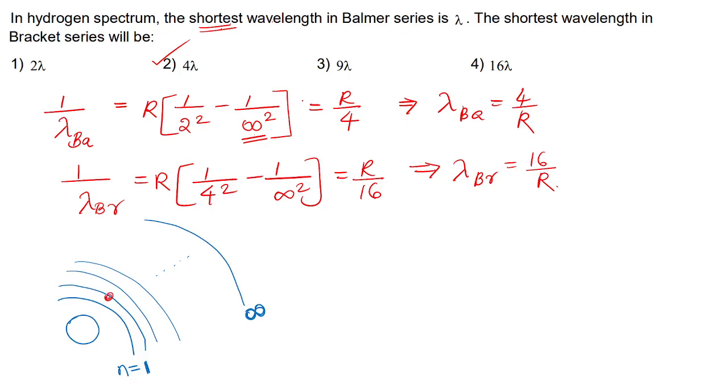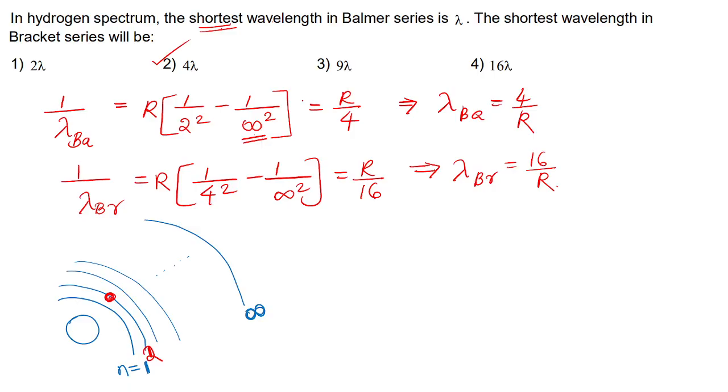Lyman, Balmer, Paschen, and so on. The Lyman series means the electron is jumping to n equal to 1. The electron is jumping from a higher energy state to a lower energy state. When the electron jumps from a higher energy state to n equal to 2, we get the Balmer series.